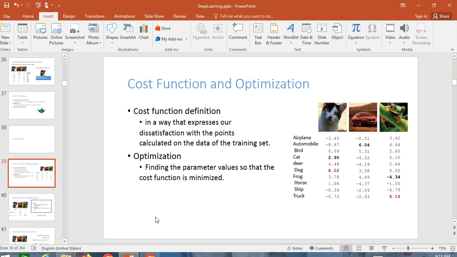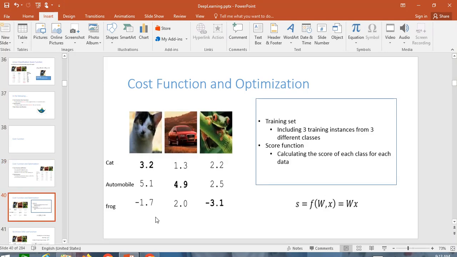So we have a function and we need to find its minimum, and here comes the issue of optimization. The cost function tells how bad it is, the less the better. Now if we can define the cost function, the rest is simple, because the optimization issue has been solved in mathematics for many years. For simplicity, we consider three of these classes.